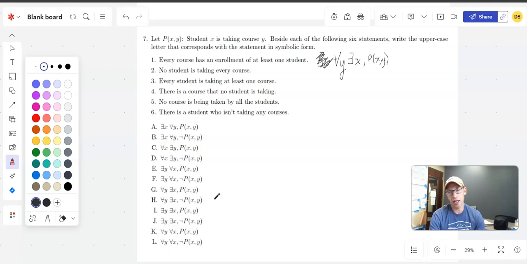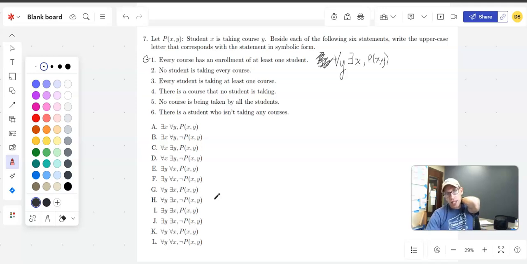For any class, biology, chemistry, discrete math, anyone you name, there's at least one student taking the class. Every course has an enrollment of at least one student. So we're looking for exactly this, and we find that here in G. G is for every class, there exists a student such that the student is taking it.